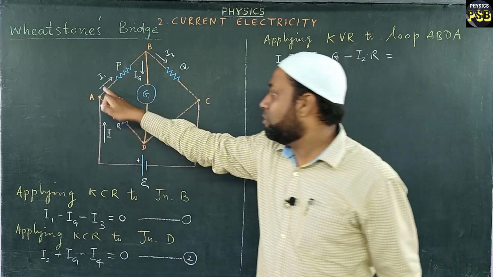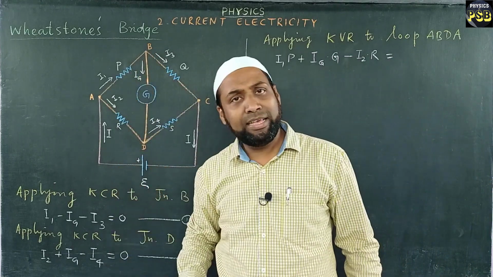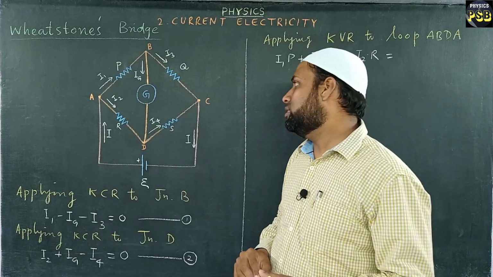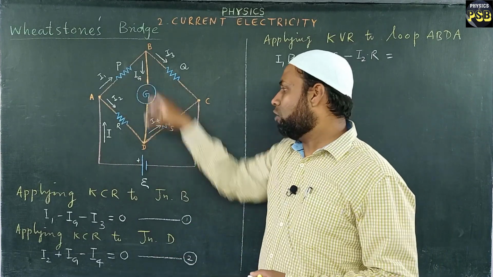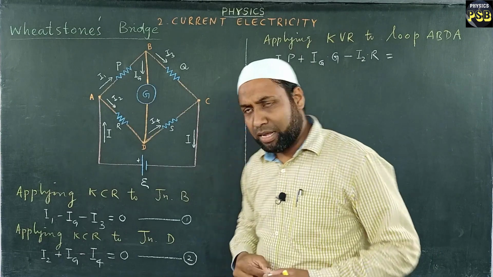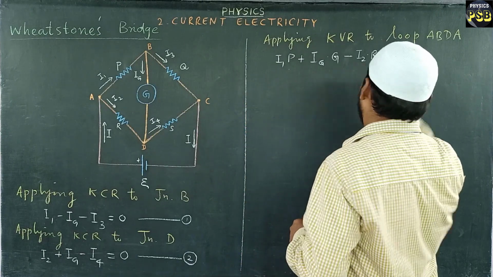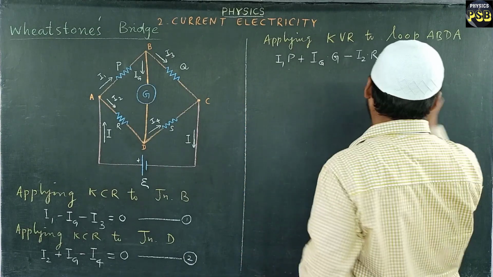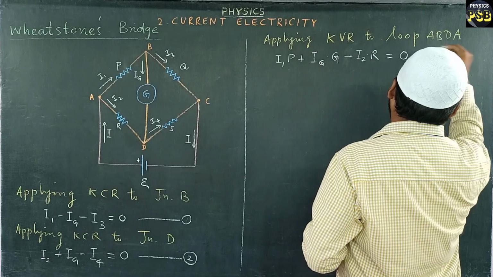If you look at this carefully, you will find that this loop does not have any cell, so the total EMF in this part of the circuit is 0. I take this equation as equation number 3.